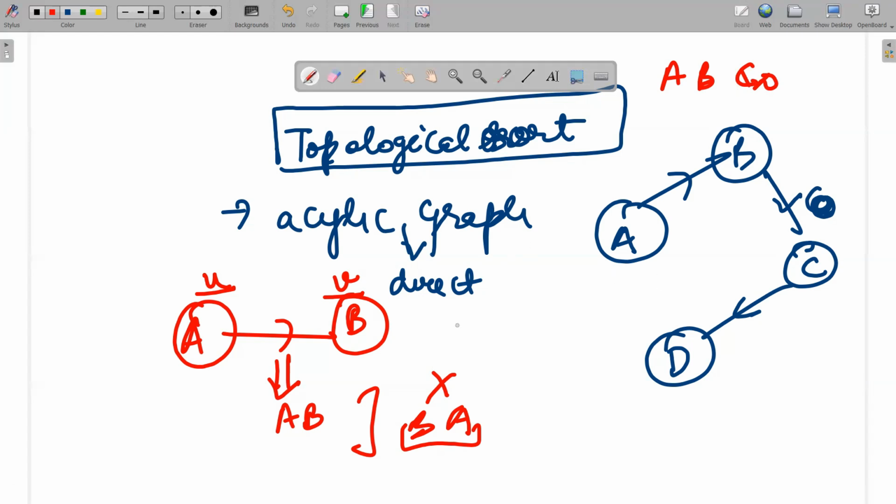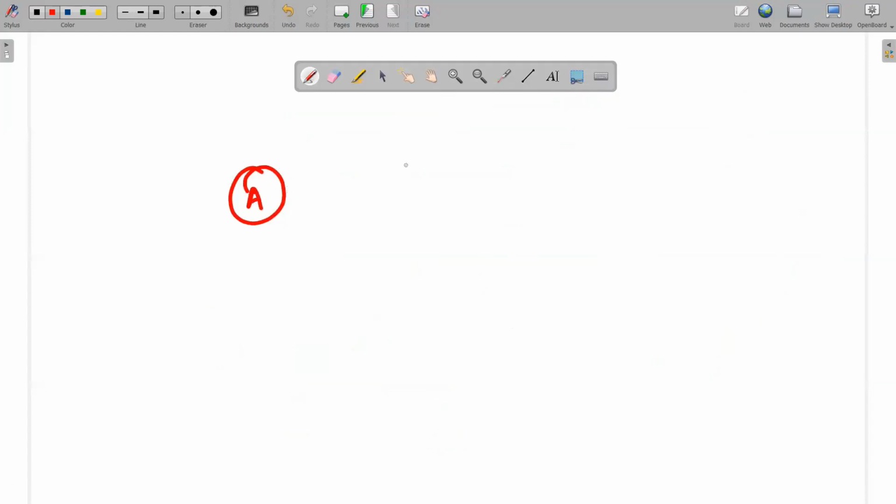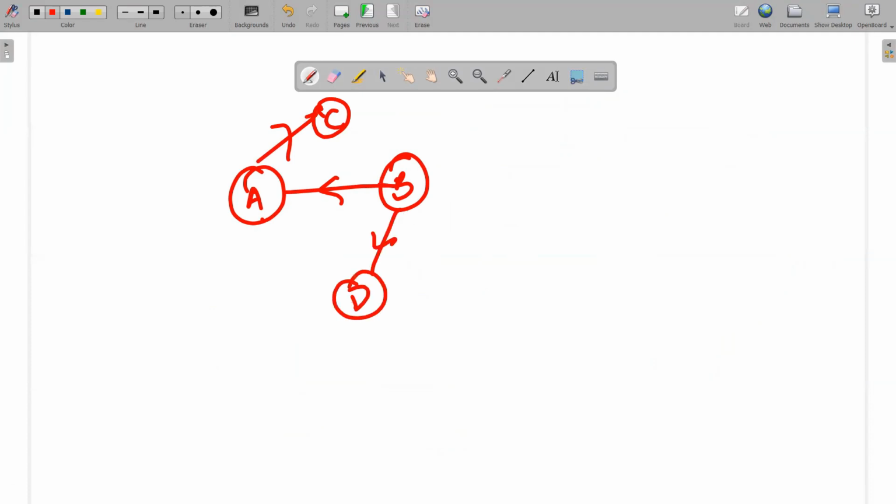Or if I take another example, A, B, C, and D. What kind of answer can I write? Can I write C, A, B, D? I cannot.